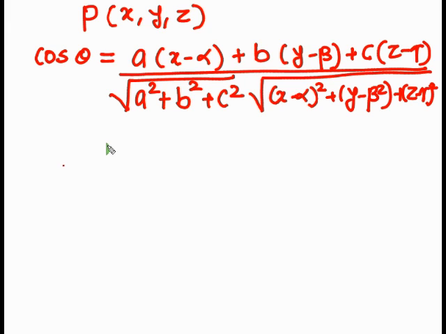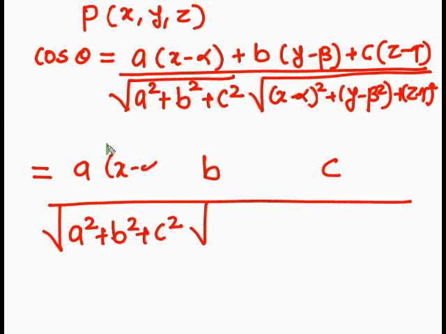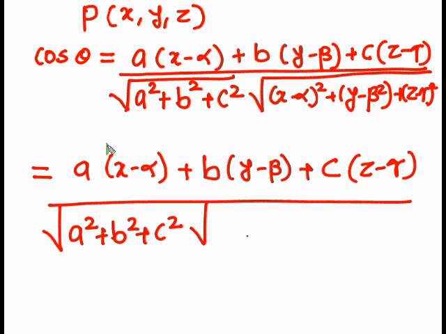Now, how to remember this formula? Let's see once again. It is a, b and c divided by square root of a square plus b square plus c square, into square root of, here we have to multiply a with x minus alpha plus b with y minus beta plus c with z minus gamma.